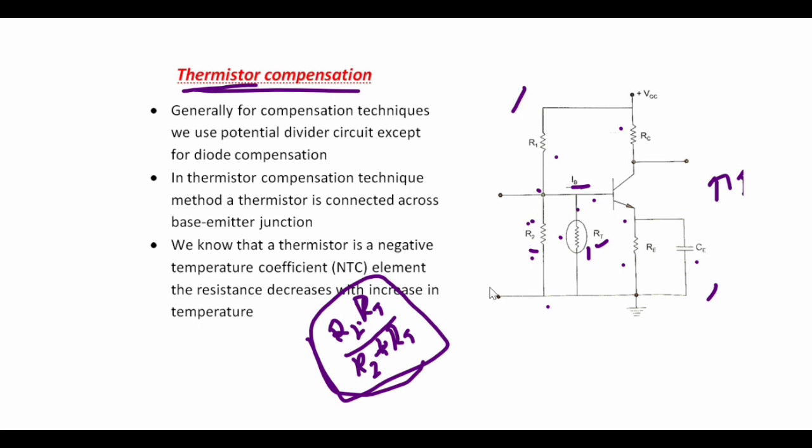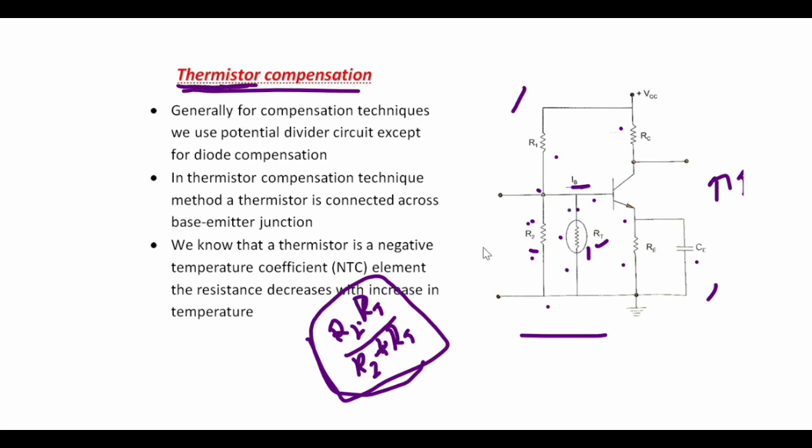If IC increases, then IB decreases. The base current is decreasing at the rate at which the collector current is increasing. Likewise, the thermistor is compensating the increasing current through the collector. So this is called thermistor compensation.